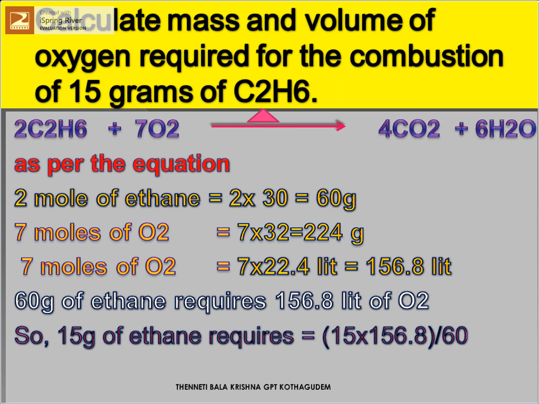The question is how many liters of oxygen 15 grams of ethane requires. Applying the method, 15 into 156.8 by 60, you will get the answer, 39.2 liters of oxygen.